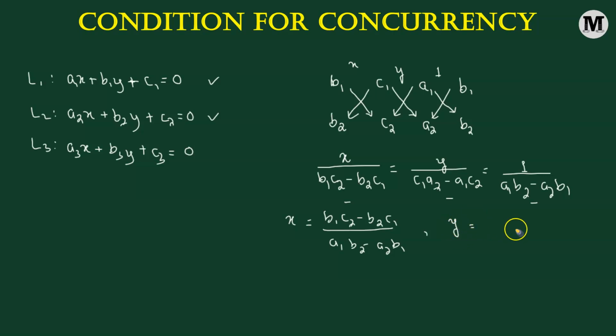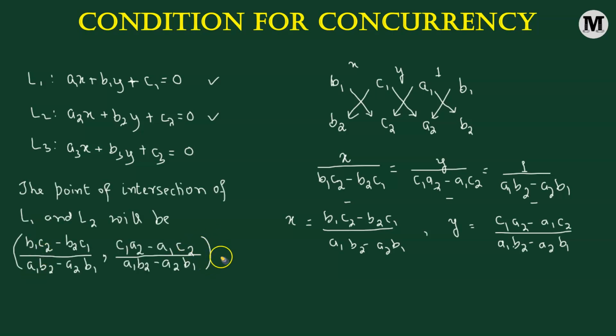That is going to give us the value of y. So y will be c1 a2 minus a1 c2 whole divided by a1 b2 minus a2 b1. So that's x and y. This is going to be the point of intersection of lines L1 and L2. So we have the point of intersection, the x coordinate and the y coordinate.